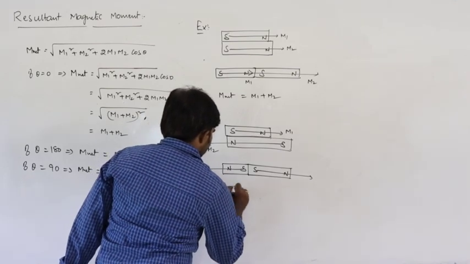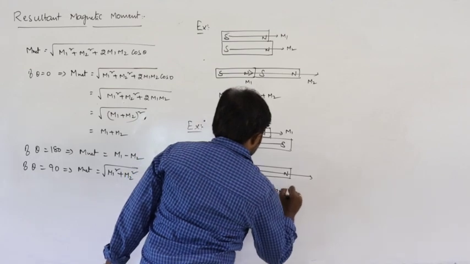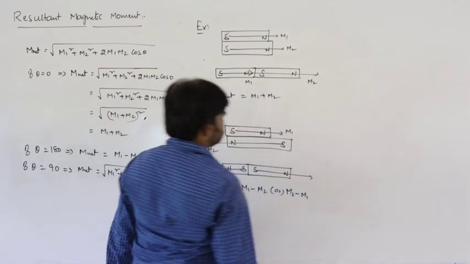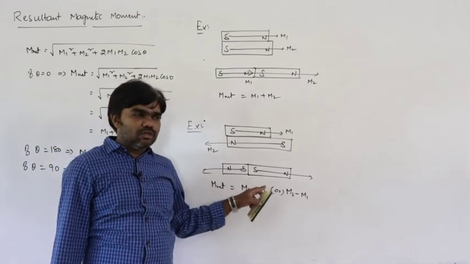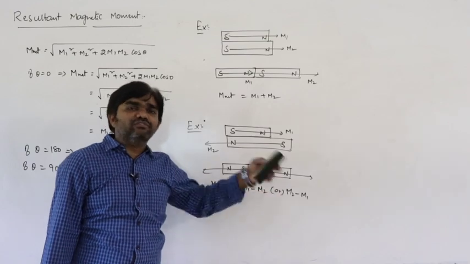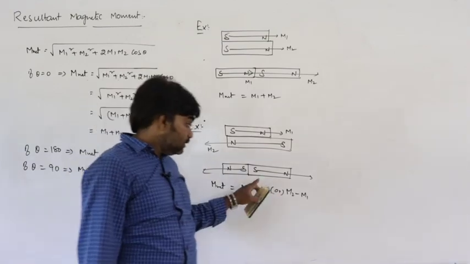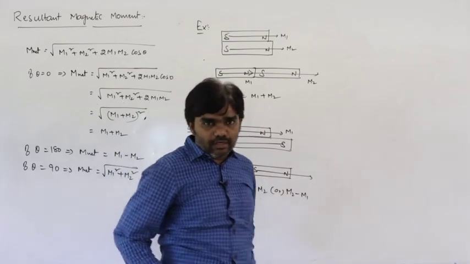In this situation, m net can be written as m1 minus m2 or m2 minus m1. So the resultant magnetic moment in this situation must be in the direction of heavier magnetic moment.